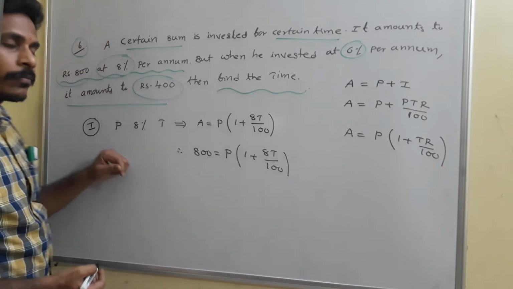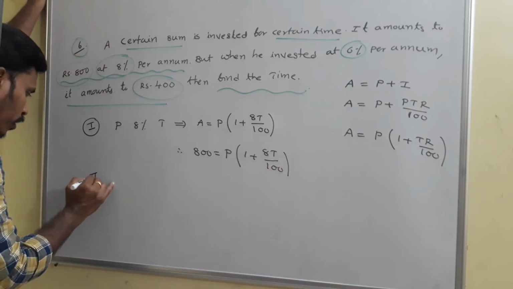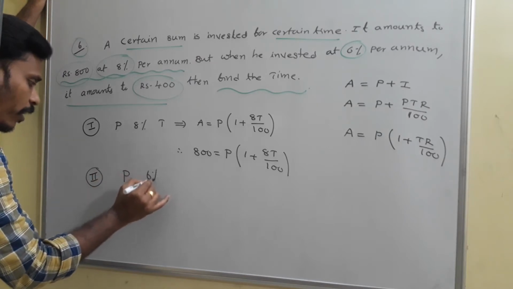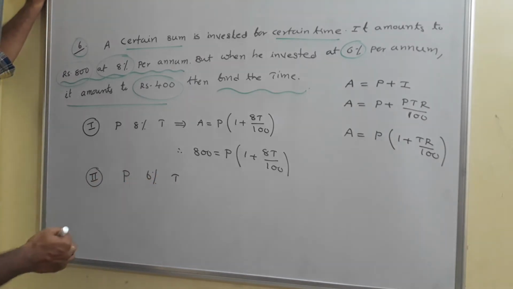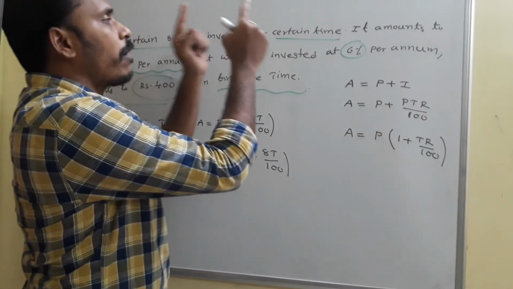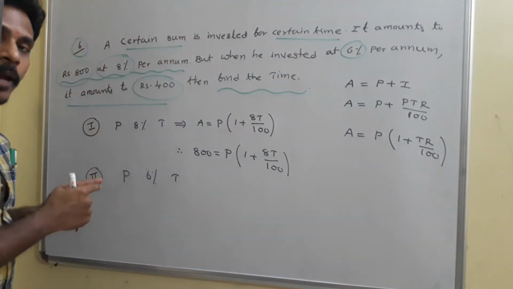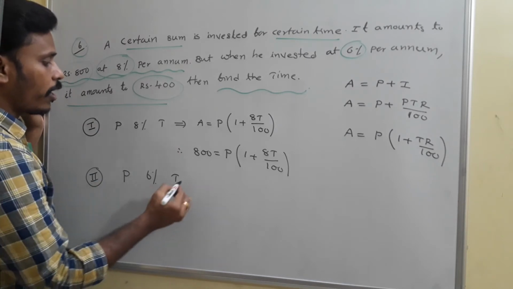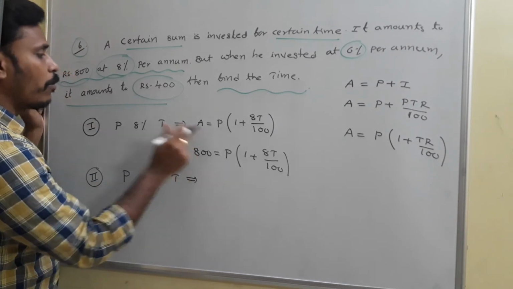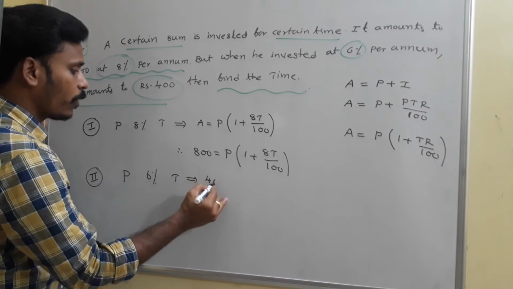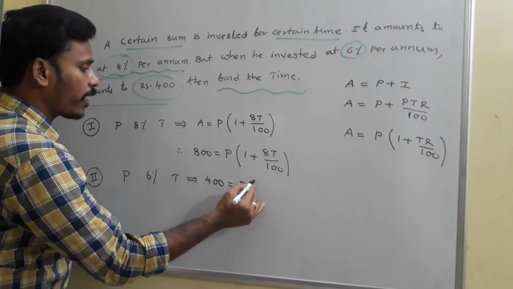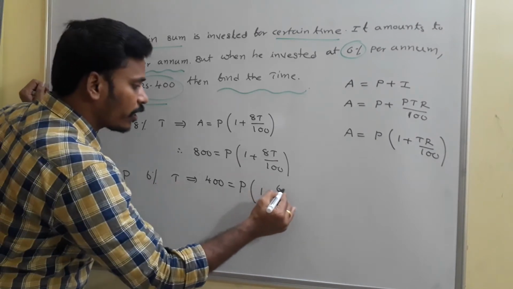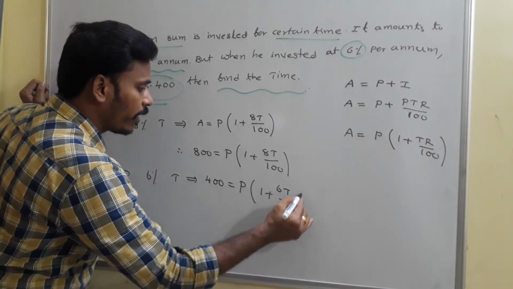Is it clear? Whereas if you think about the second case, the principal is the same, but the rate of interest is 6%. Time is also the same, because for a certain sum and for a certain time, as they mentioned, time and principal are the same. So P, 6% and T. Here in this case the amount is 400 rupees, which is equal to P times of 1 plus 6T by 100.